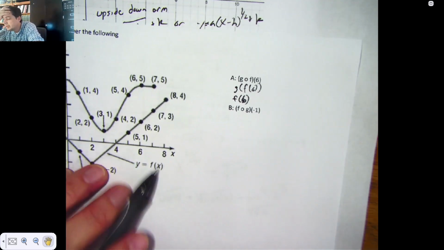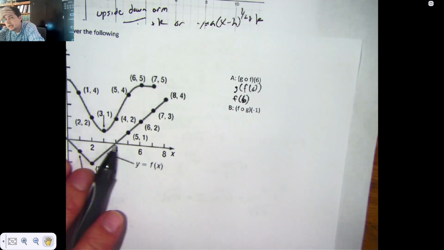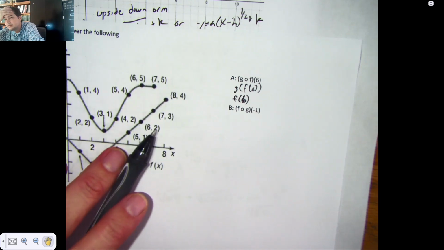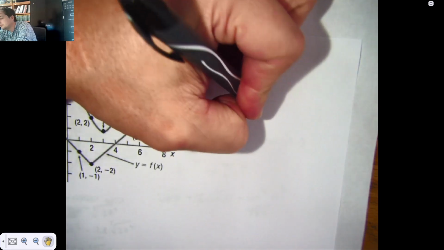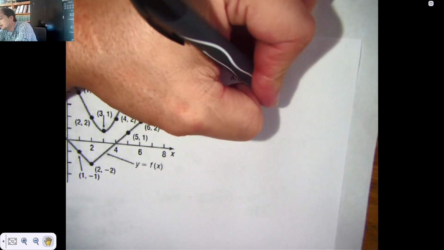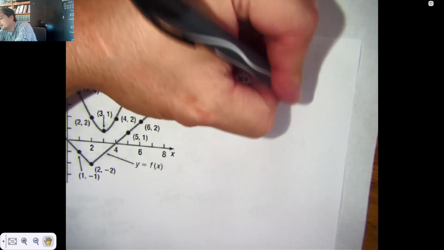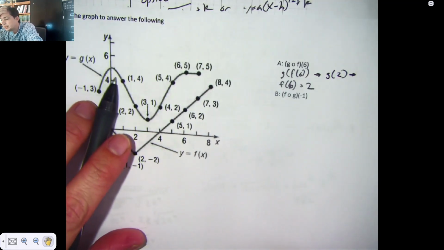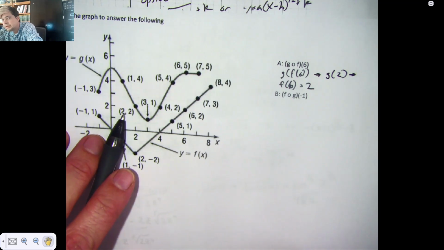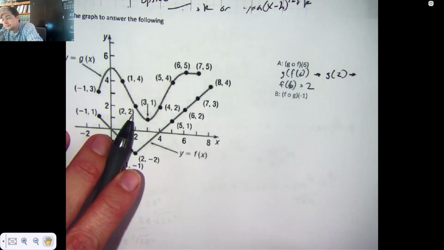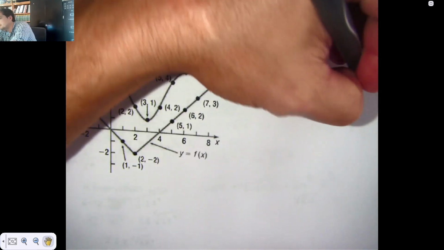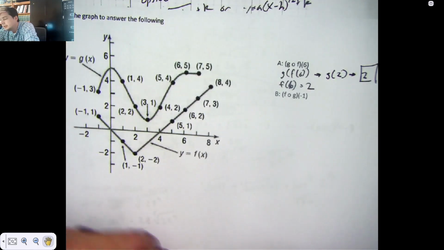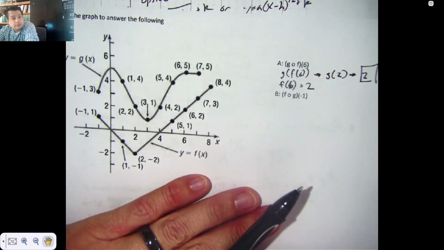So this is function f. I go to where x is 6 and the y value is 2. It's a 2. I use substitution, and the actual goal was to figure out what g of 2 is. So now I go to function g and I go to where x is 2. It's right here. Turns out it spits back a 2. Final answer, number 2.